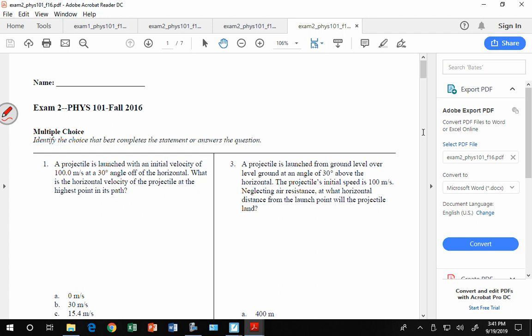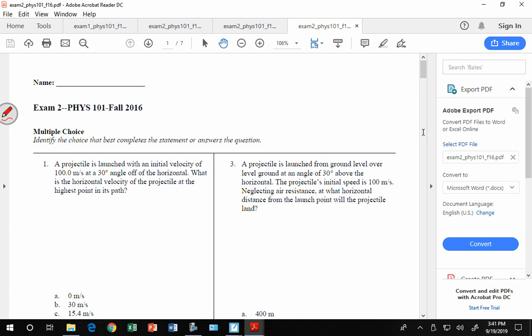Really, you just have to find the horizontal velocity, so cosine. 100 cosine 30. That's all it's asking for. Because the horizontal velocity doesn't change with time. The vertical velocity at the top would be zero.